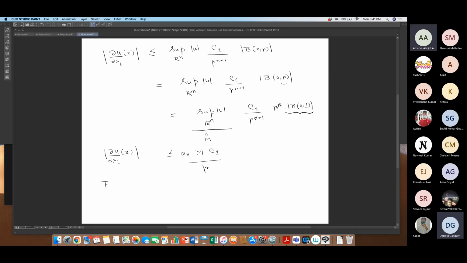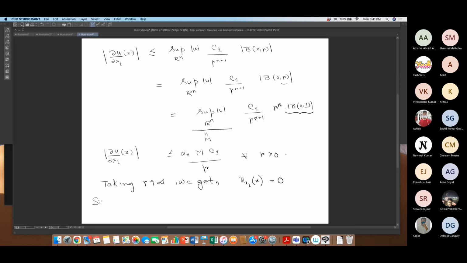Now this should hold for every R positive. Taking R increasing to infinity, we get that u x i at the point x equals 0.